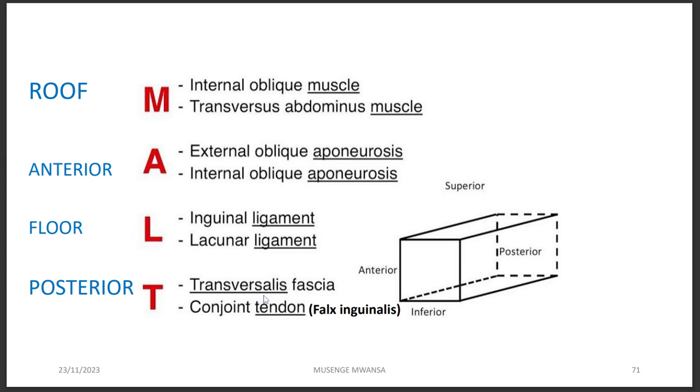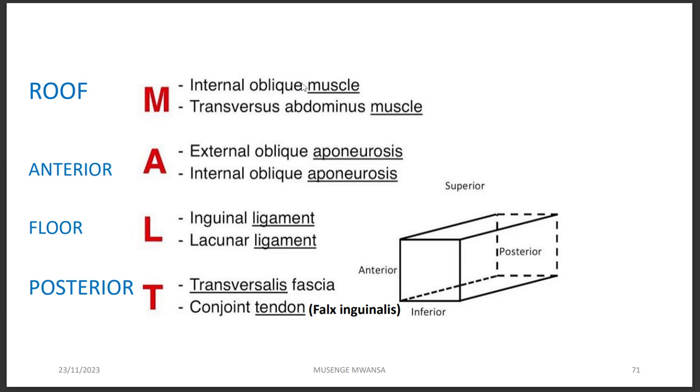Now let's understand this. The roof of the inguinal canal is formed by the internal oblique muscle and transversus abdominis muscle. The muscles are actually supposed to be three: external oblique, internal oblique, and transversus abdominis. So just remove the external oblique. External oblique is the outermost.